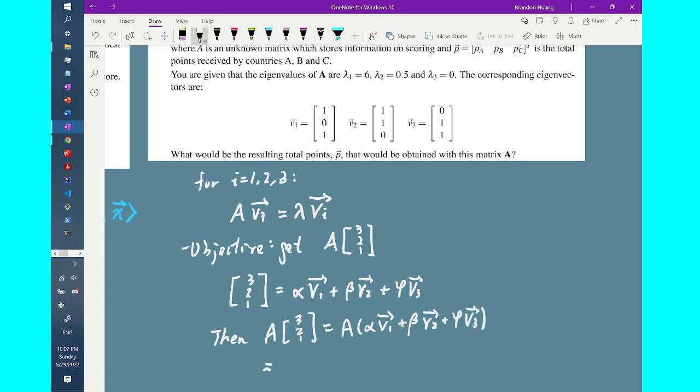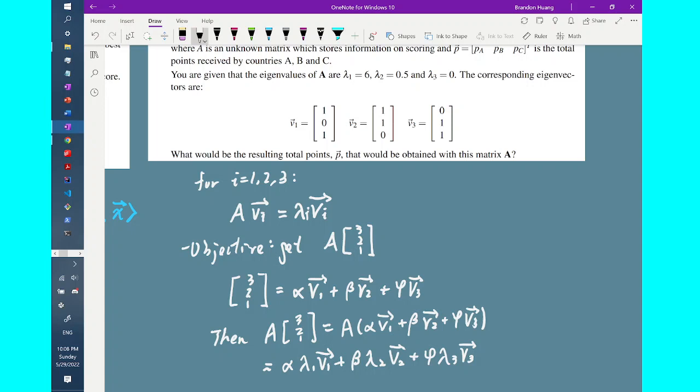And then, since A is multiplying its eigenvectors, I can directly translate that to its eigenvalue multiplying its eigenvectors, which will then give me a linear combination expressing the result of A times (3, 2, 1). And since we know the eigenvalues and the eigenvectors, we can directly express this linear combination as a single vector and thus find the components of this vector P.